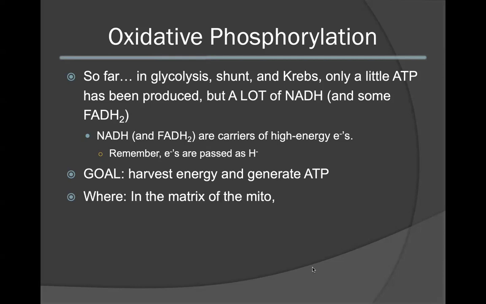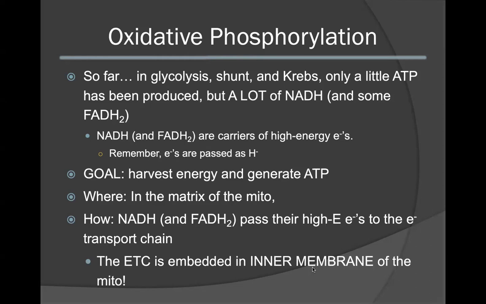This occurs once again in the matrix of the mitochondria, but all of the enzymes present are going to be present in the inner cristae, or innermost membrane of the mitochondria. How this occurs is by utilizing those electron carriers, NADH and FADH2. They're going to pass off their high energy electrons to the electron transport chain.